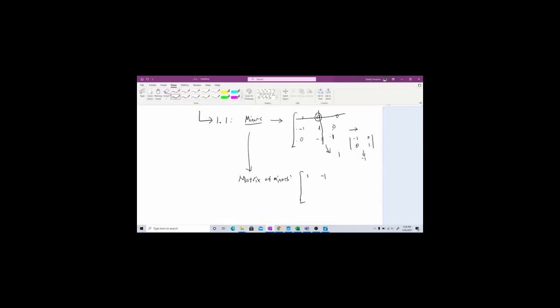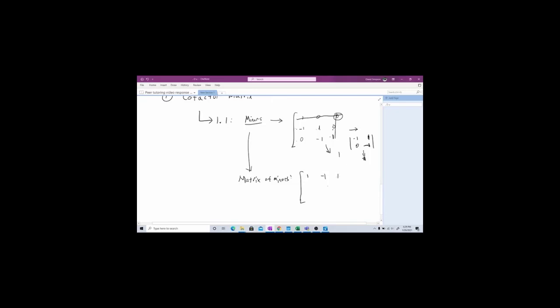Now, the third one, we're going to do the top right, and it's going to be a similar thing. We're going to cross out the right column in the top row, and what we're left with is -1, 1, 0, -1. So I just made the changes over here. Now the determinant of this is 1.